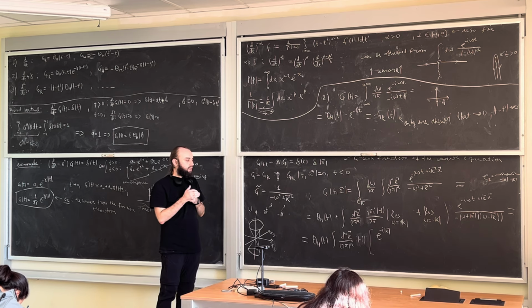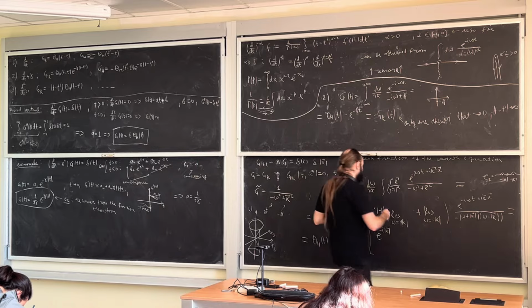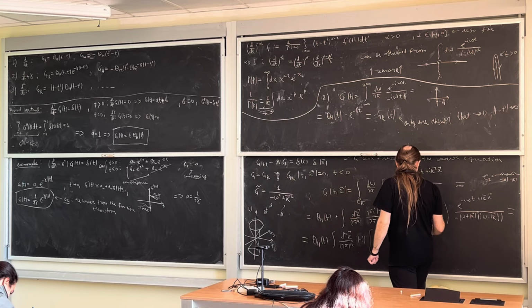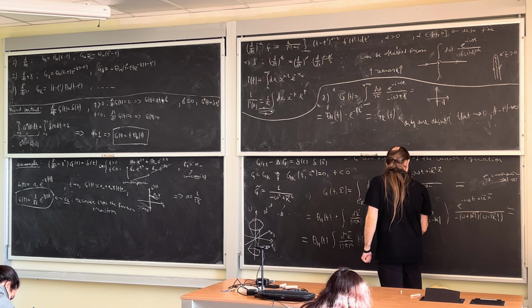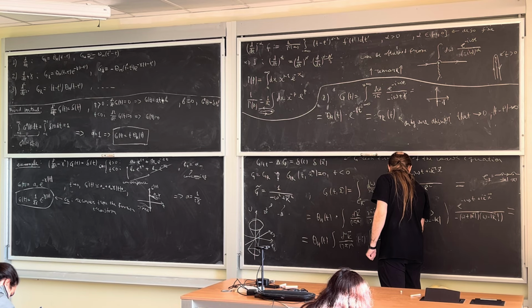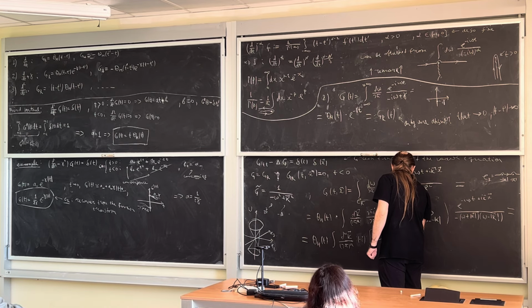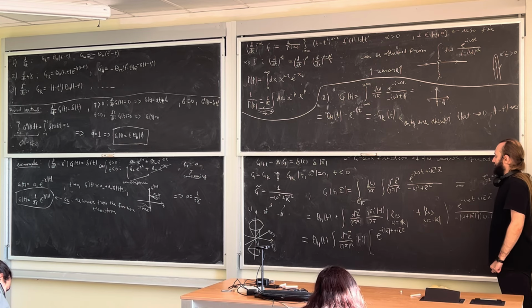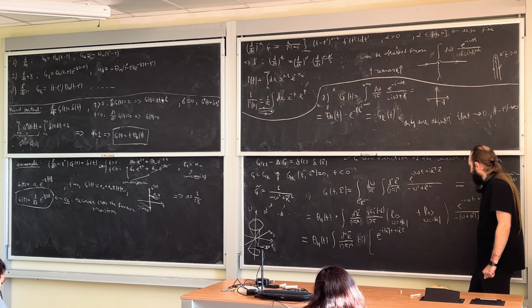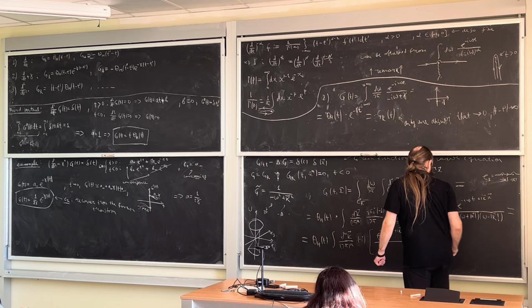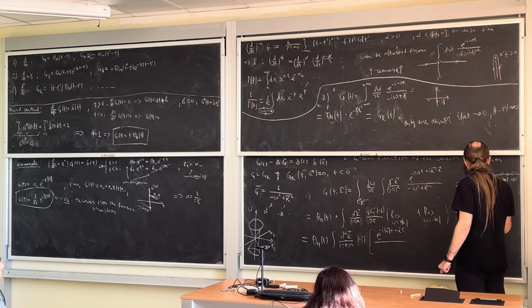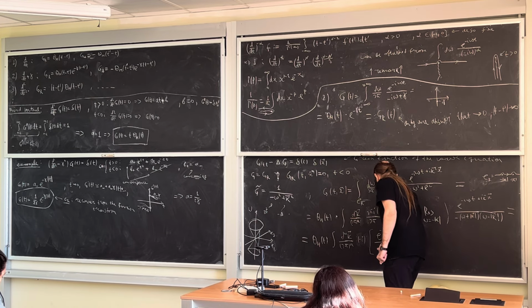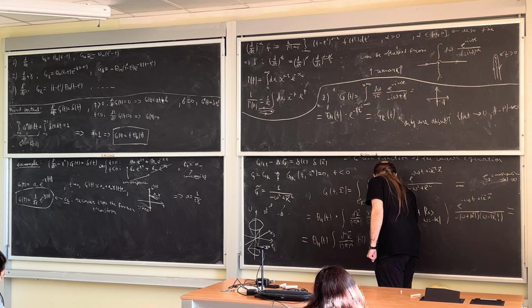Is it okay? So yes, it's minus i absolute value of k t plus i k x. Do you have anything in the denominator? Yes, absolute value of k.